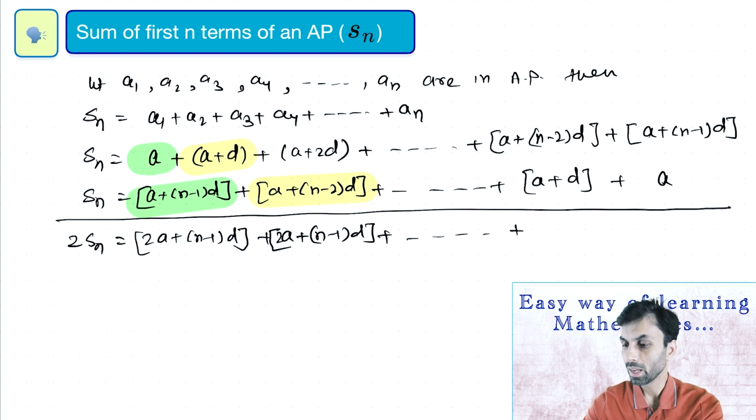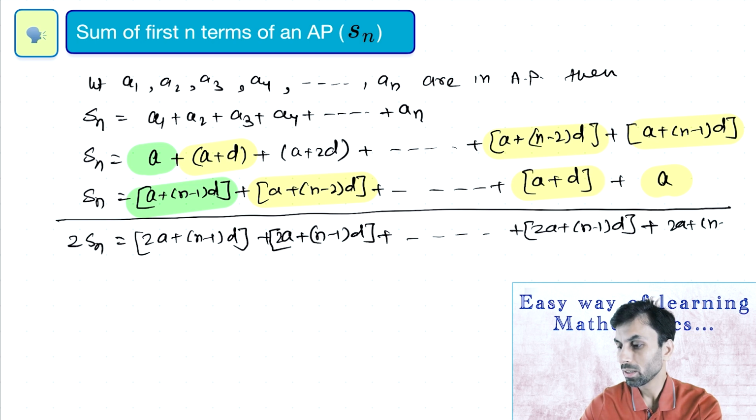And this way, if we add a plus n minus 1 into d and a, we get 2a plus n minus 1 into d. So this sum will come n times.